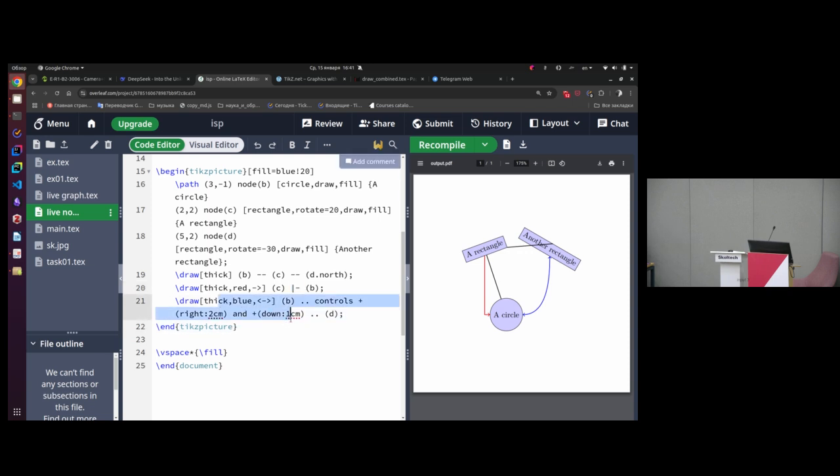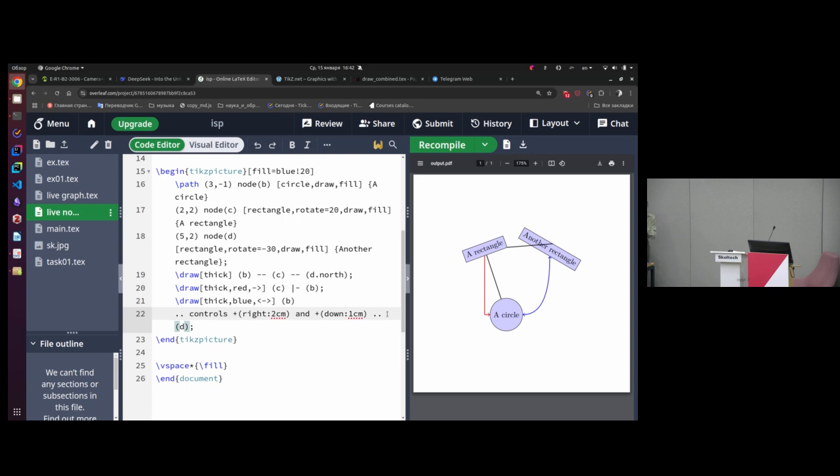And the third line, it is the most difficult. It is blue. It has arrows on both ends. And you can see that it connects node B and node D. And between these 2 nodes, we have this line with controls.